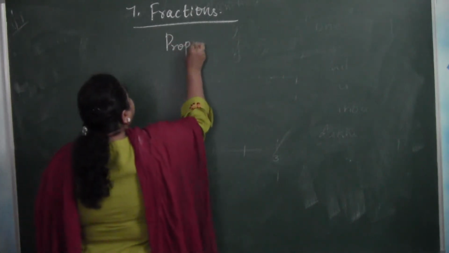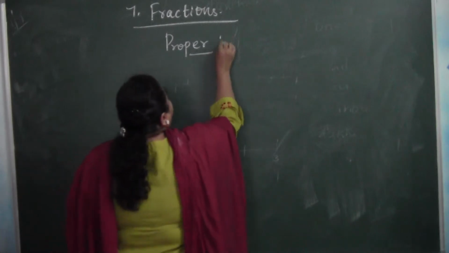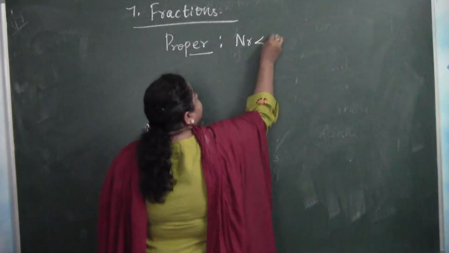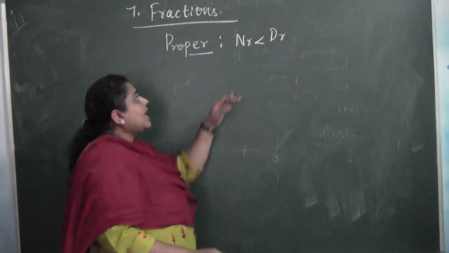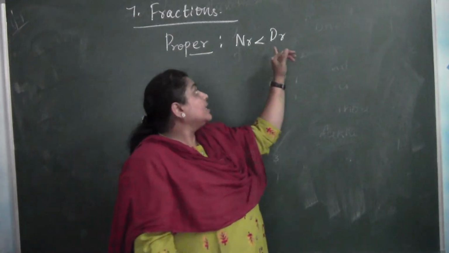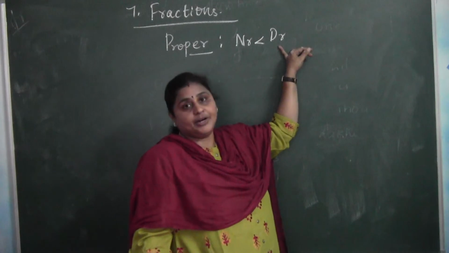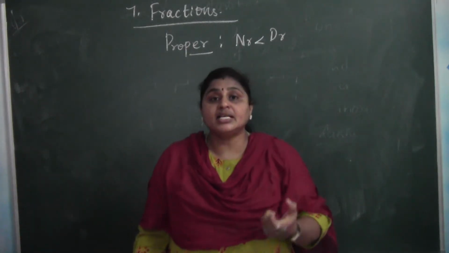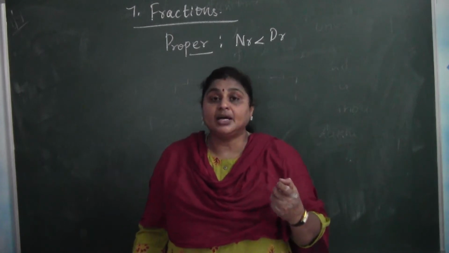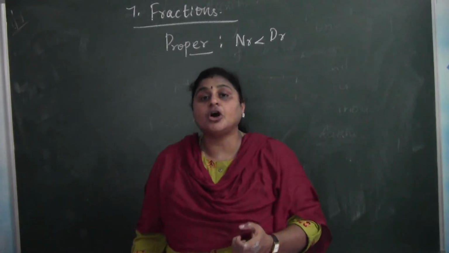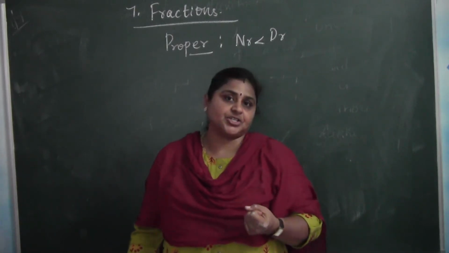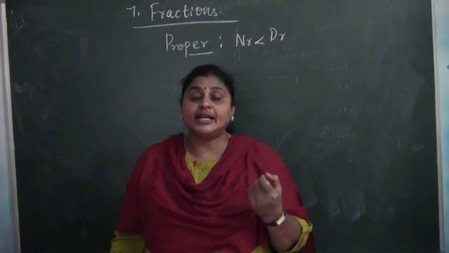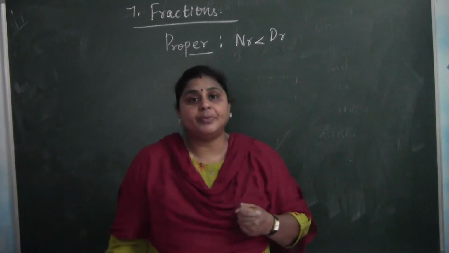If the numerator is less than the denominator, where NR is numerator and DR is denominator, then such a fraction is called a proper fraction. Got it? A fraction whose numerator is less than its denominator is called a proper fraction.